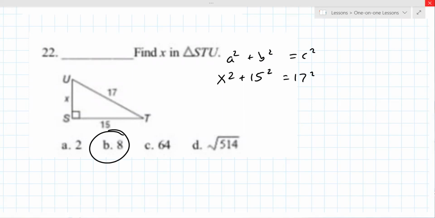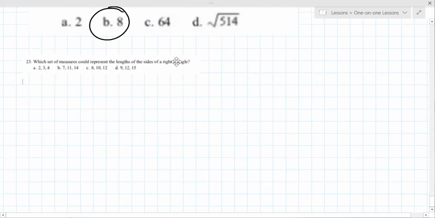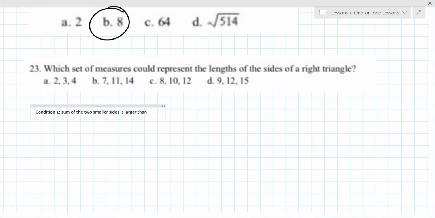All right, 23. Moving along here. There are some rules here that I'm going to type because they're more wordy than anything. There are 2 conditions. Condition 1 is that the sum of the 2 smaller sides is larger than the largest side.